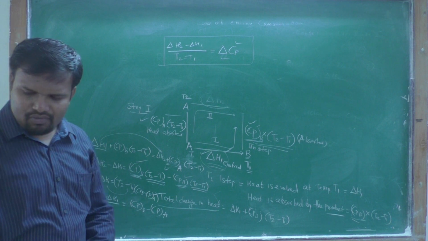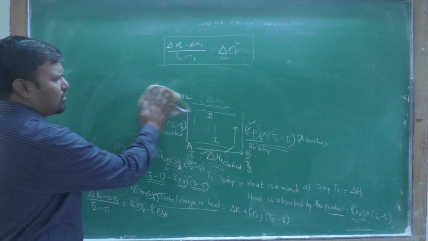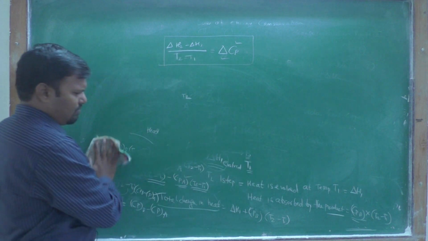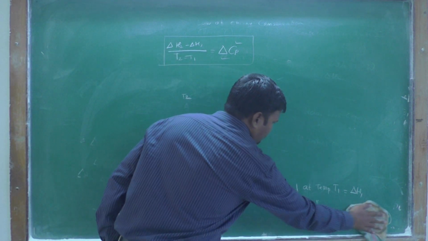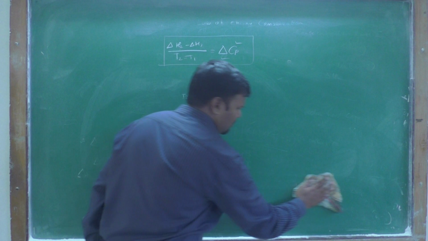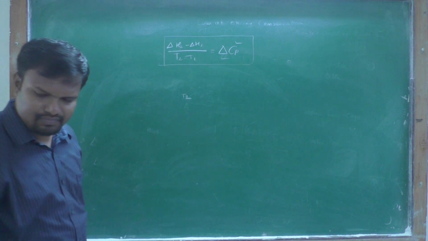Now, at constant volume, how can the equation be derived?